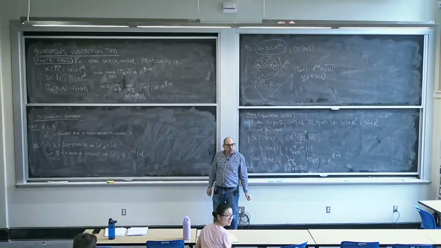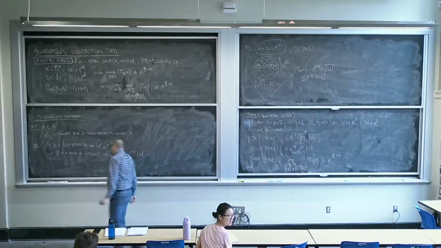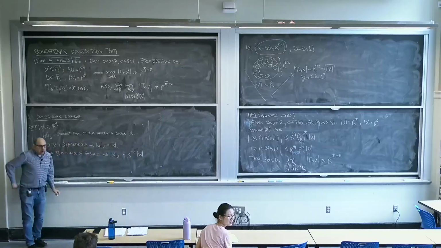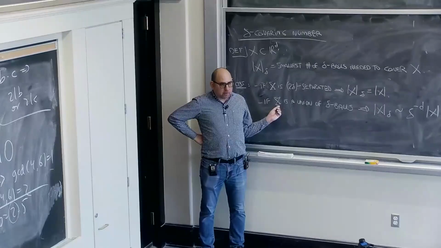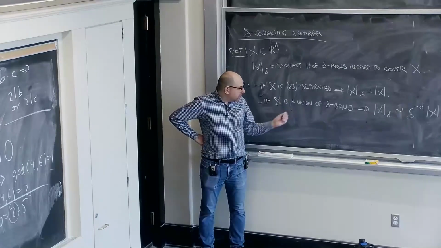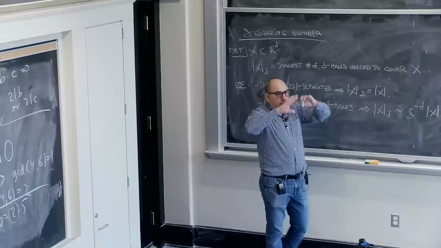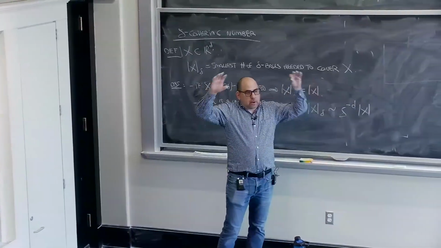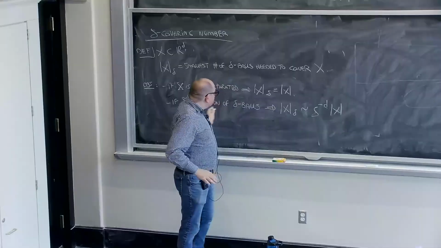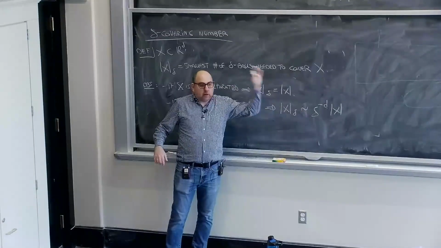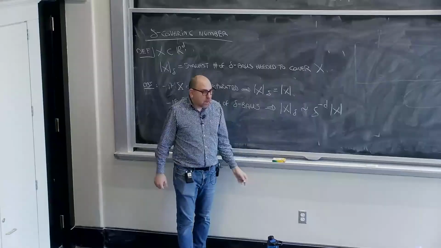Yes? Does X have to be a disjoint union of delta balls? Yeah, that's a very good question. No. It's easier to believe if it is a disjoint union of delta balls, and it is also true if it's a non-disjoint union of delta balls. The reason is that if you have a non-disjoint union of delta balls, you can cover it by a finitely overlapping family. If you have a disjoint union of delta balls, I hope this is clear, because the best way to cover it is by using those balls.